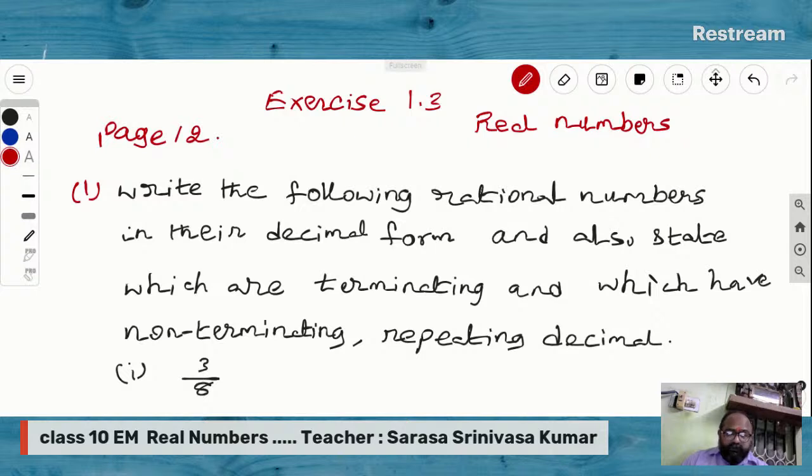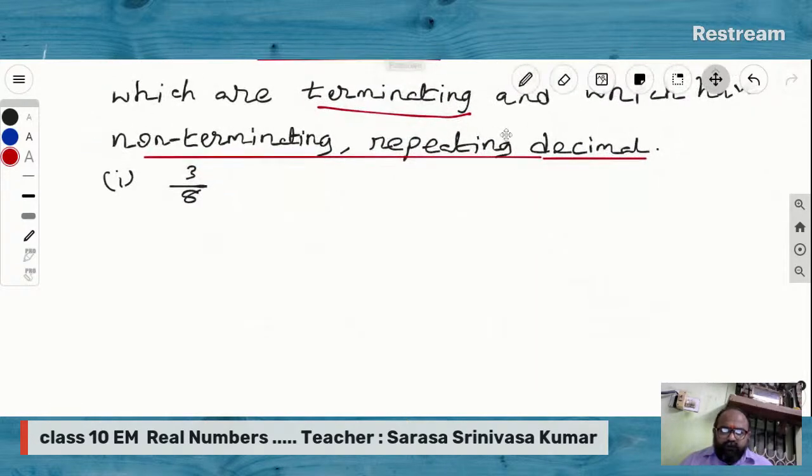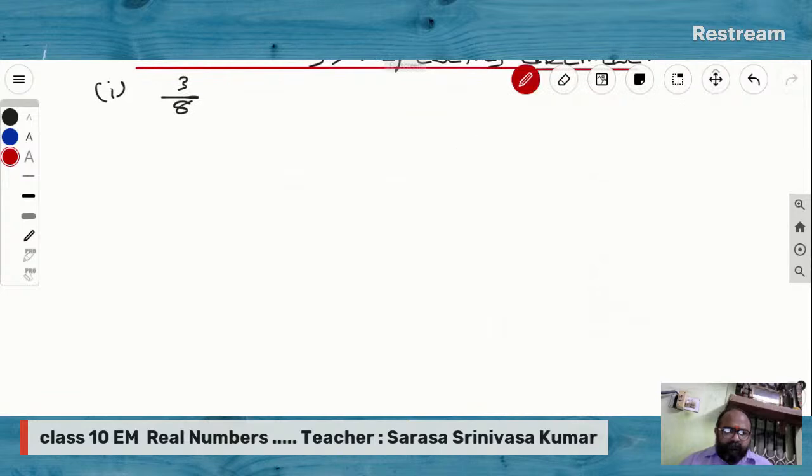In this statement, write the following rational numbers in the decimal form, and also state whether they are terminating or non-terminating recurring decimals. It is not mentioned anywhere whether we can divide or need not divide. We can follow any of the methods. So 3 by 8.